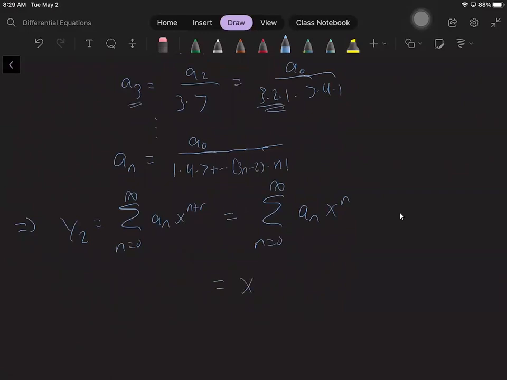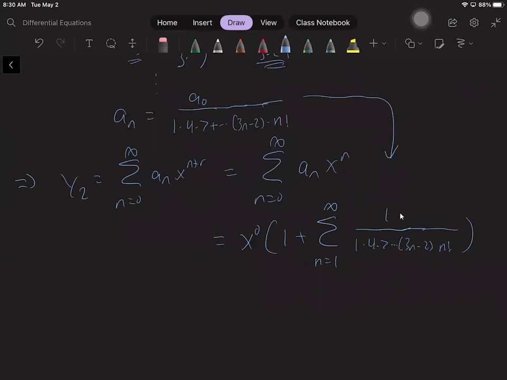The x to the 0 would come out, although you don't have to write it this time. The a not term would come out, and then we just get rid of it again. And then inside here is the pattern that we figured out with the a not factored out and gotten rid of. So it's just a quicker shortcut, which we want to take advantage of because it's going to take forever if you write out every single step every single time. Okay, so that's y2.